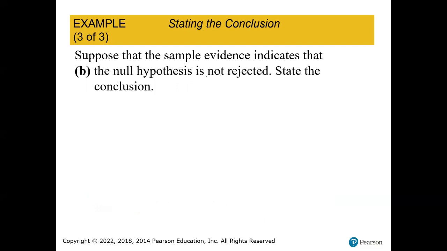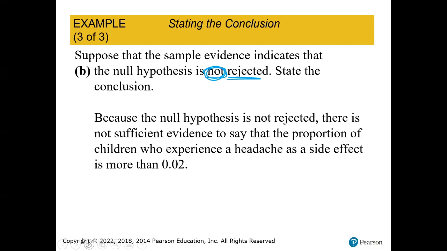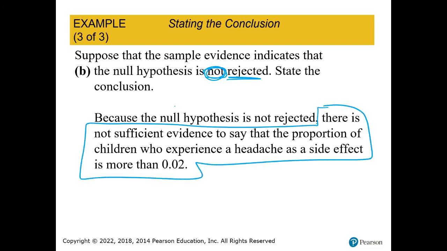If we do not reject the null, we're going to go here. We do not reject the null. There is not enough evidence to claim that the proportion of children who experienced a headache is more than 0.02.